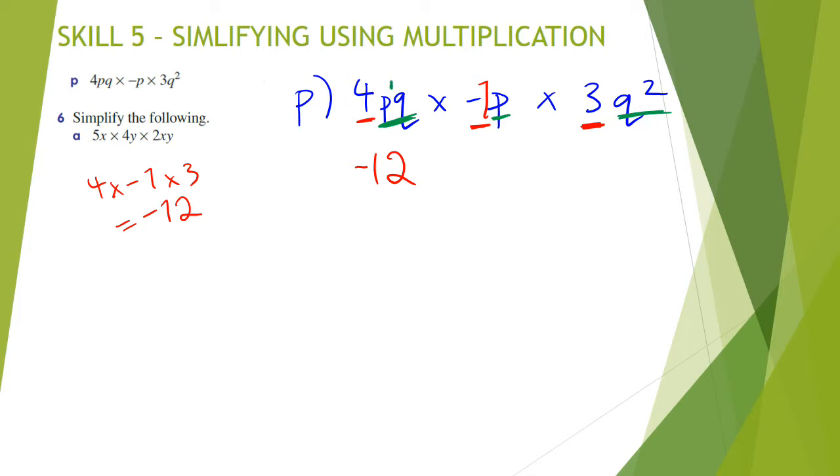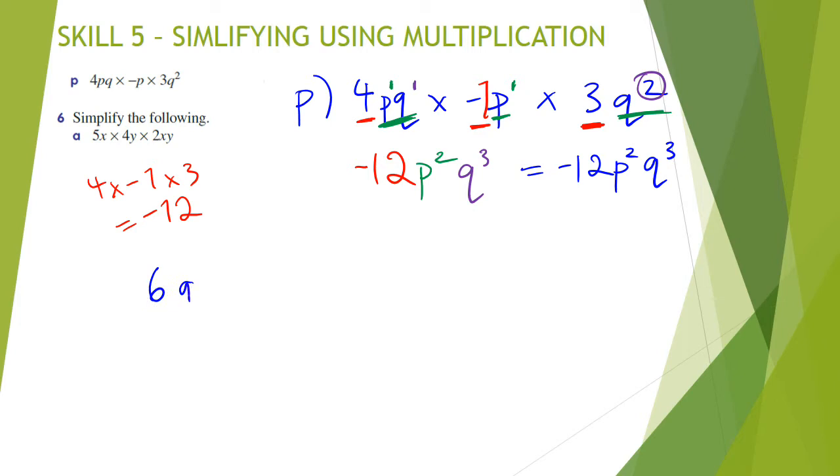P to the power of 1 and p to the power of 1 gives p squared. If we look at the q's, q to the power of 1 and q squared will give a total of q to the power of 3. So our final answer is negative 12 p squared q cubed.